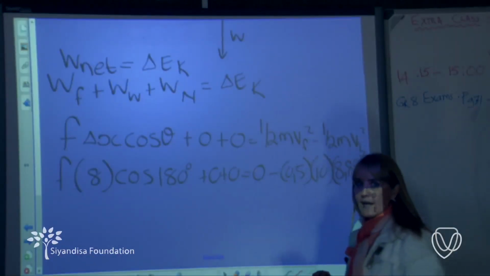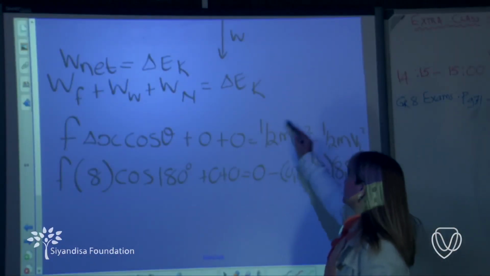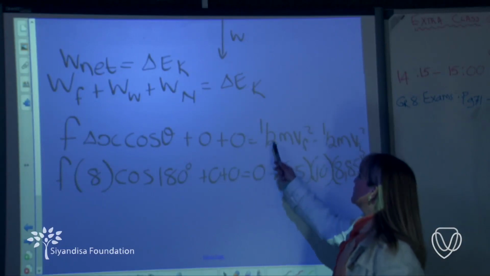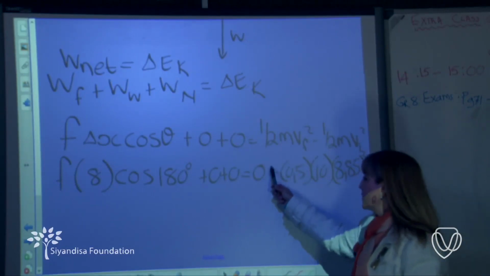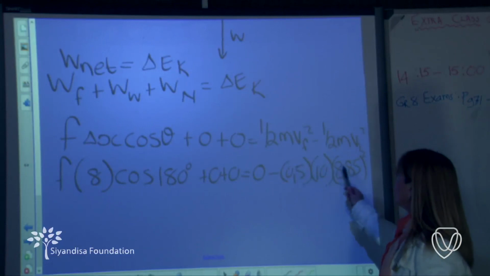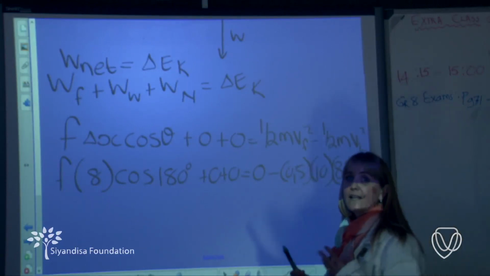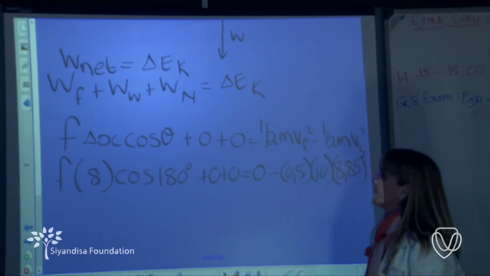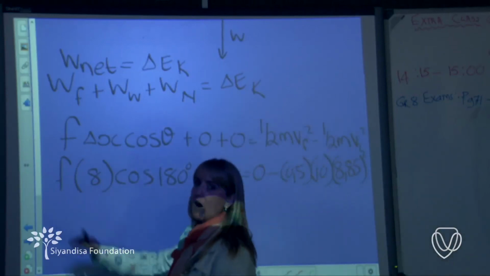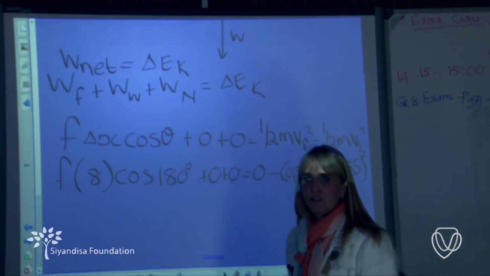So on the right-hand side, please remember that your final velocity was 0, so your final kinetic energy is 0, where we substitute that in, and then we substitute in the values for the initial kinetic energy. We then solve for F because we are being asked to calculate the frictional force acting on the object.